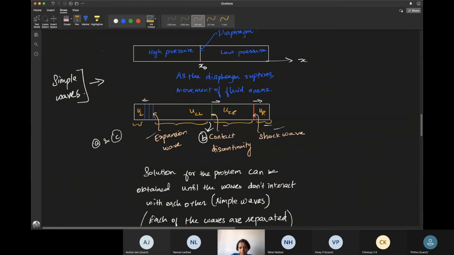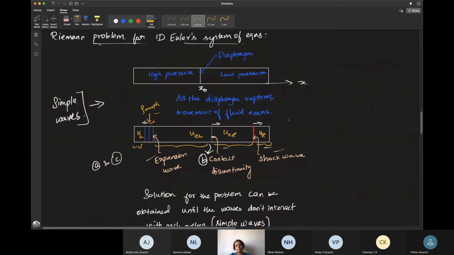The solution will vary only across these shocks, contact and expansion waves. For the expansion wave the variation is smooth, so this is not a discontinuity. But there is still a variation. I mean, to the left of the expansion wave the state is constant, and to the right of it also the state is constant. So only across these waves there is some change in solution.